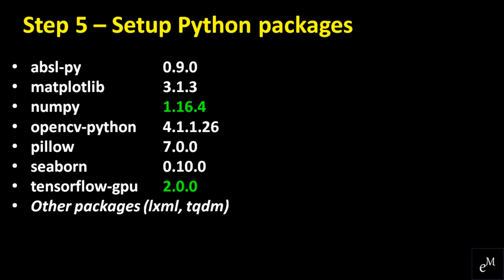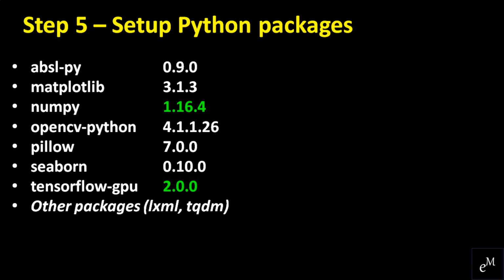In this final setup, you just need to set up the Python packages and make sure that the packages are compatible with each other in order to avoid any warnings or fatal errors. In my case, I use TensorFlow GPU 2.0.0, and I find that you had better have NumPy version 1.16.4 to avoid some warning signals.